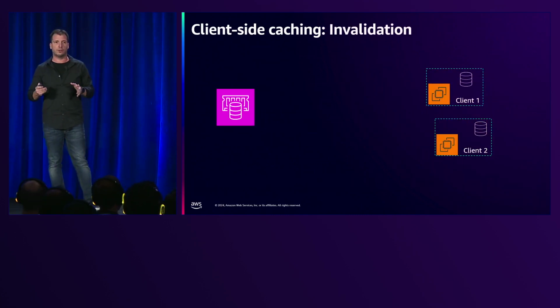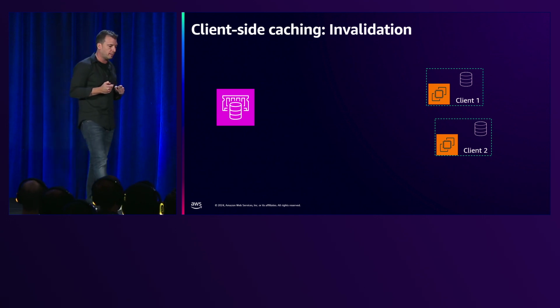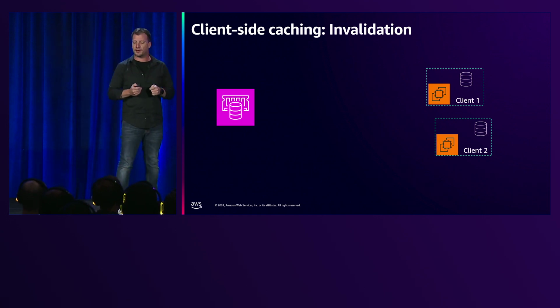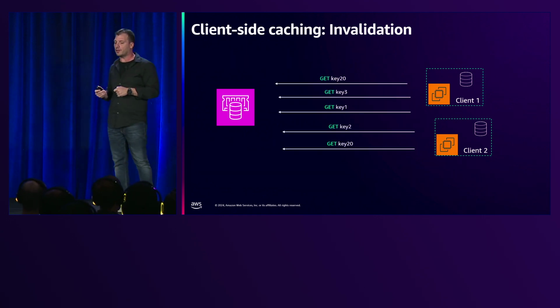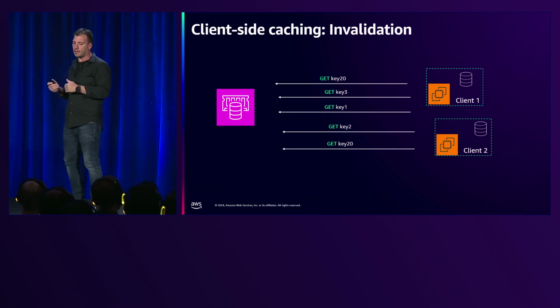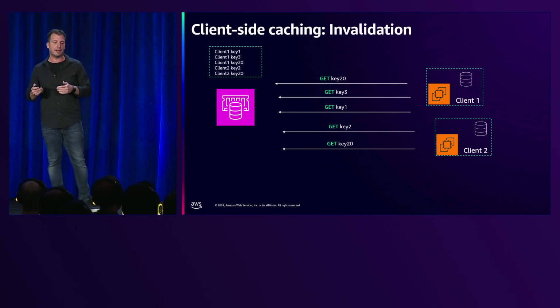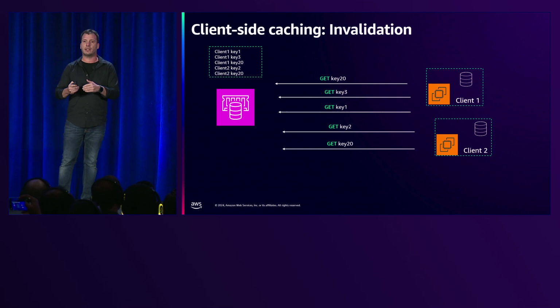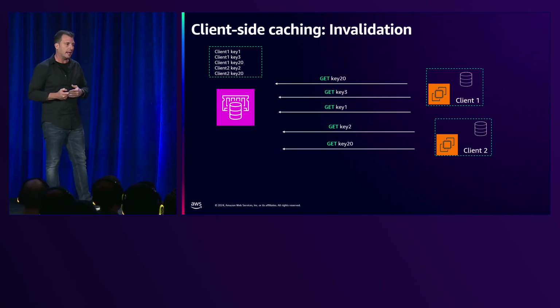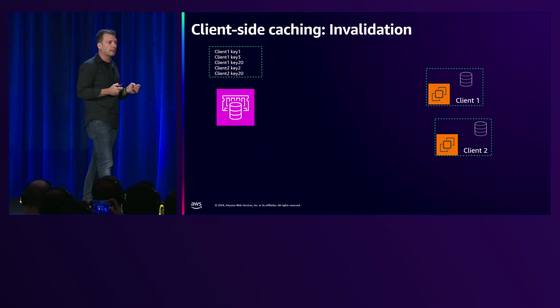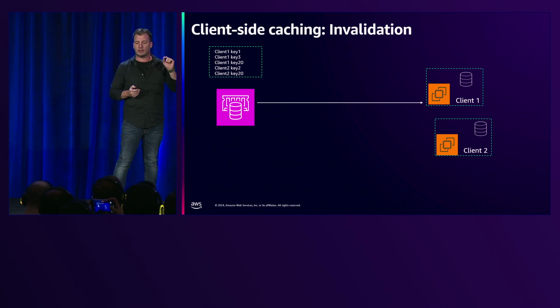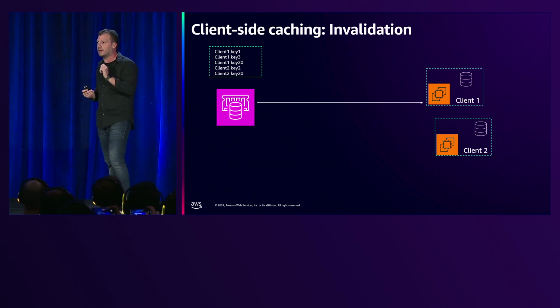Valkey has two different approaches to implementing client-side caching, specifically for invalidation. The default mode says that the server is going to remember all the mappings between the clients and the keys that they requested. For that, it will be able to update only the specific client with the changes on the keys that it is interested in.